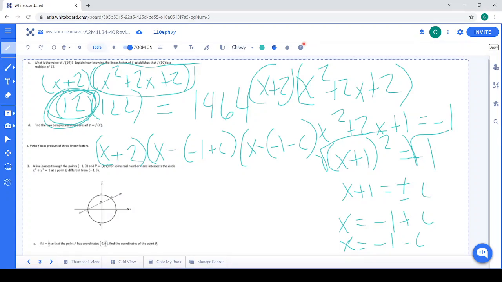Okay, and if you just left it there, that would be fine. Or you could go ahead and distribute those negatives right here. But I'm okay with you leaving it just like that.